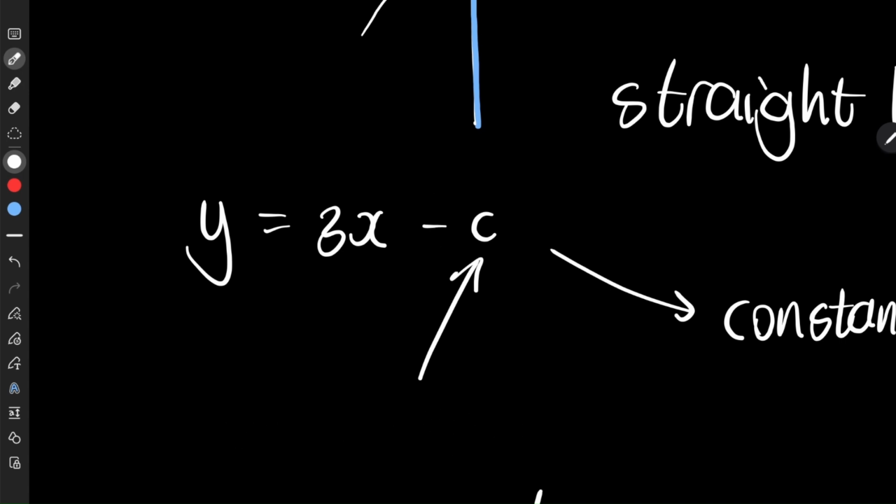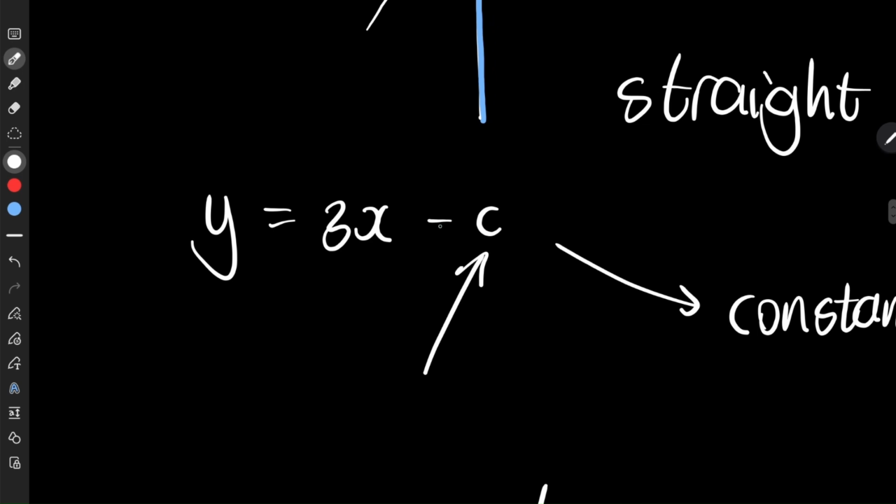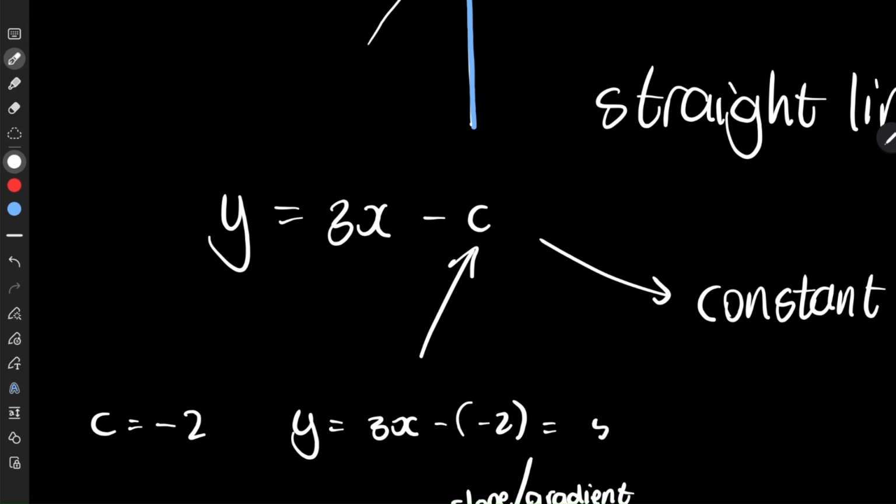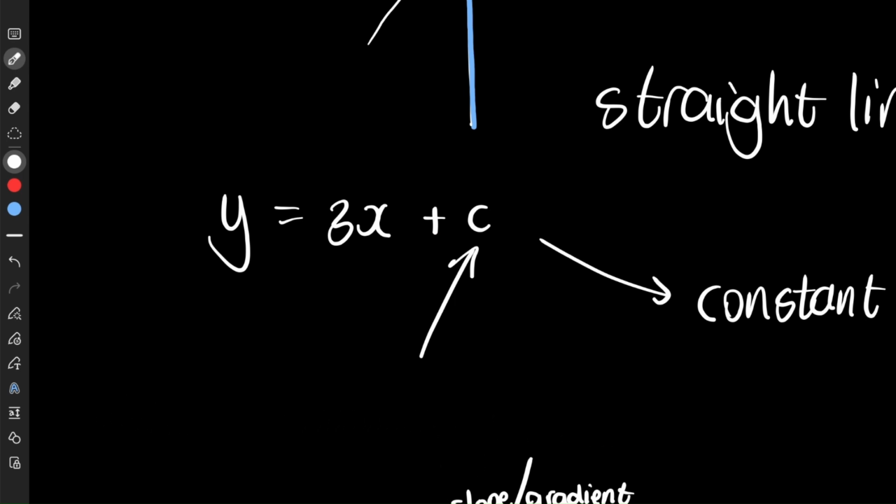But let's say it was minus c, and you wanted to shift the graph down, and c equals -2, then this would end up being y is equal to 3x minus -2, and then that would be 3x plus 2. You see, that's why it's just plus, because in my mind, plus is like less power. Let's say it will lose in a battle to minus, so that's why it's plus.